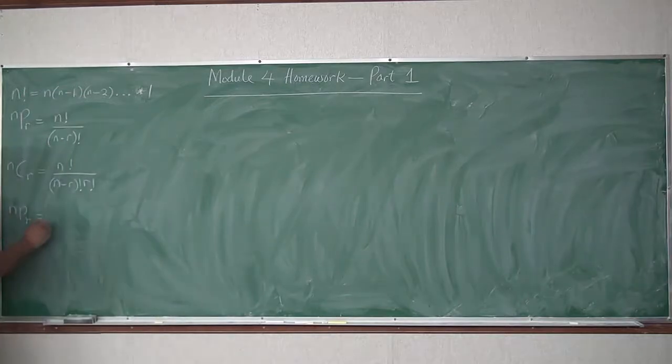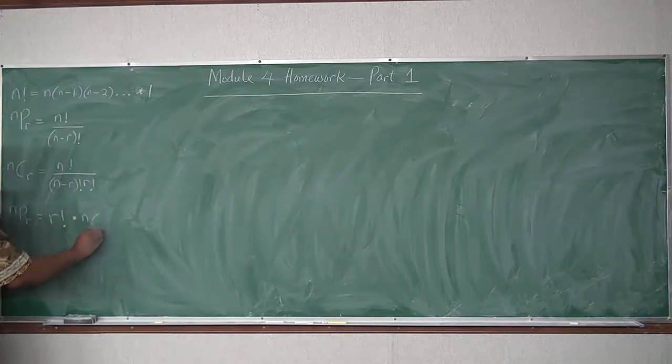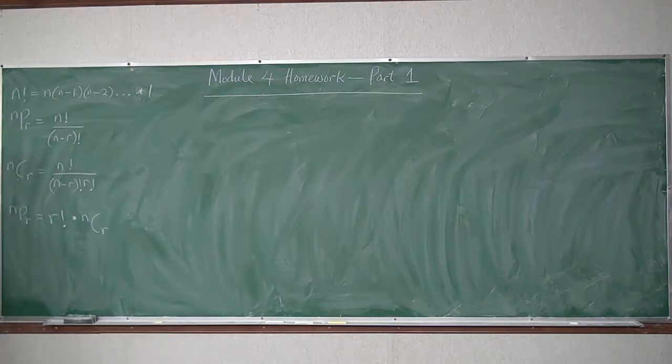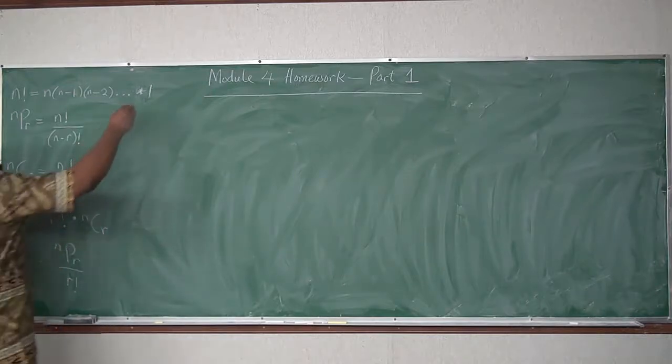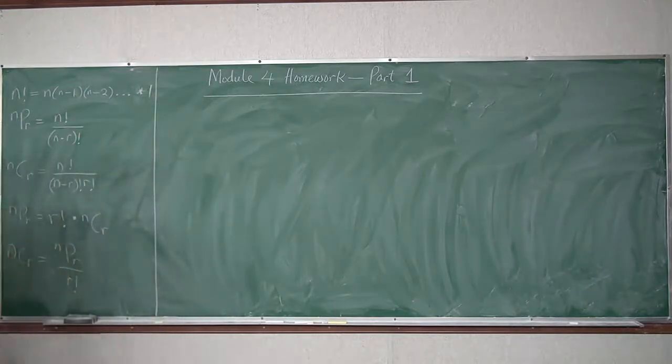That is, n permutation r is r factorial times n combination r. Or we can also say that n combination r is n permutation r all over r factorial. So let's just have these formulas here.